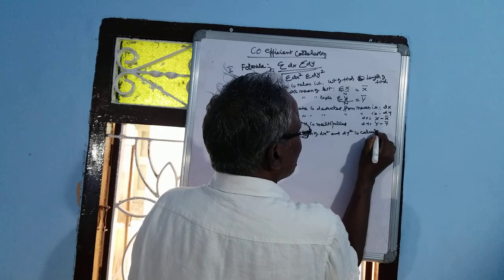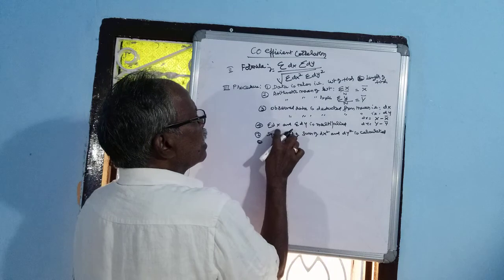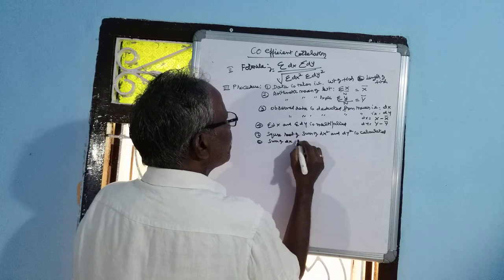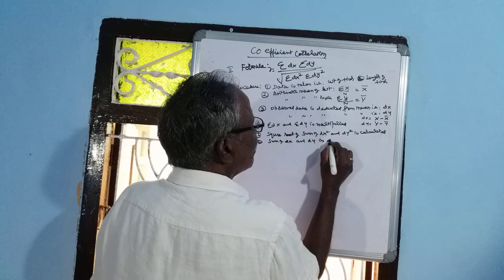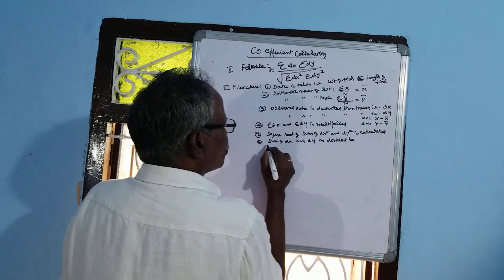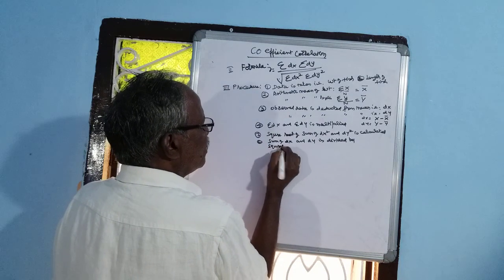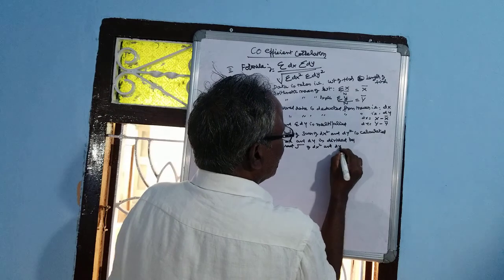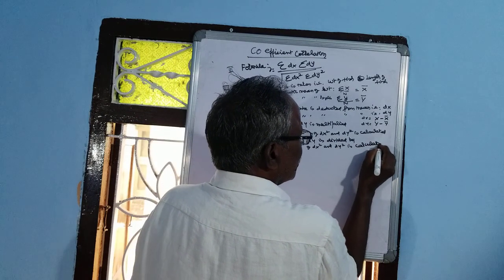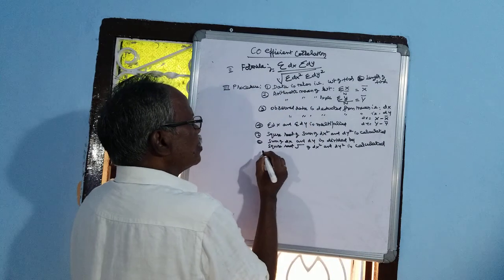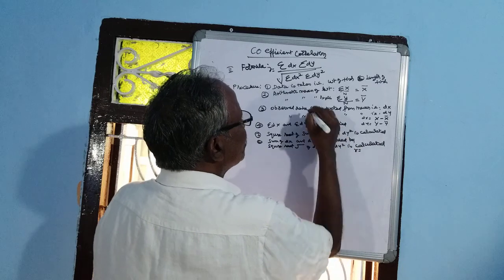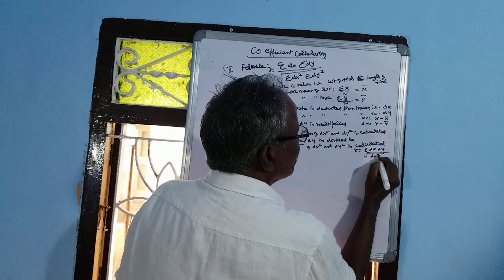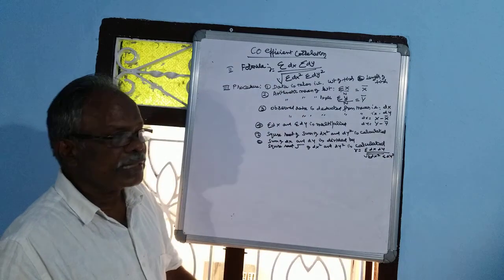This is called the coefficient correlation, known as R. R is equal to sum of dx dy divided by the square root of sum of dx square into sum of dy square. So these things we have to see.